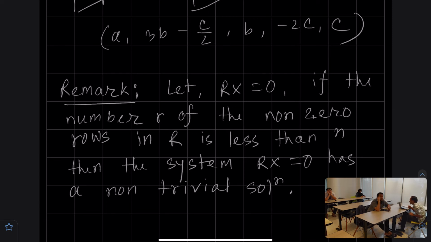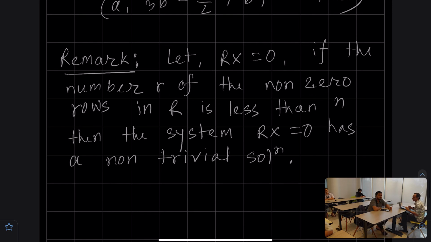So I'm considering the system Rx equal to 0 where the number r of non-zero rows in R is less than n. Then the system has a non-trivial solution, right?